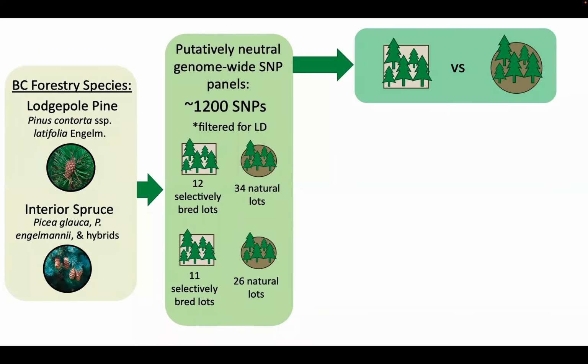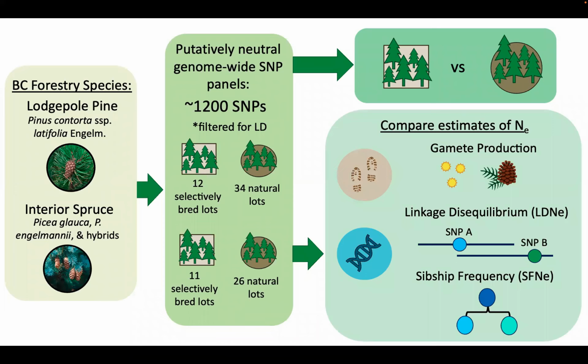And we compared genetic diversity estimates in natural stands versus selectively bred lots, as well as comparing different estimates of effective population size. So we have that boots on the ground estimate using gamete production, and we compared that to two estimates from genomic data, one using linkage disequilibrium and one using sib-ship frequency. So looking at the number or frequency of siblings from pedigree reconstruction.